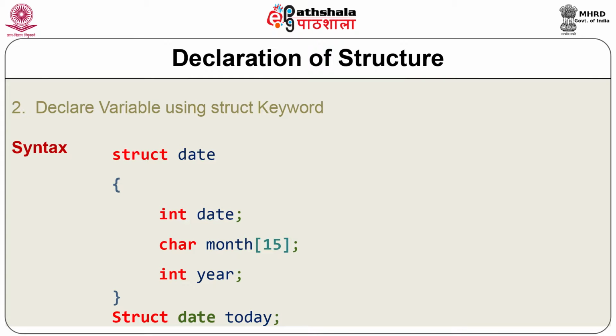Date is an integer, month is a character, and year is an integer. After the closing bracket, you are using struct date today. So today is the name of a variable, which is not declared inside the structure. It means the variable can be declared after the structure.